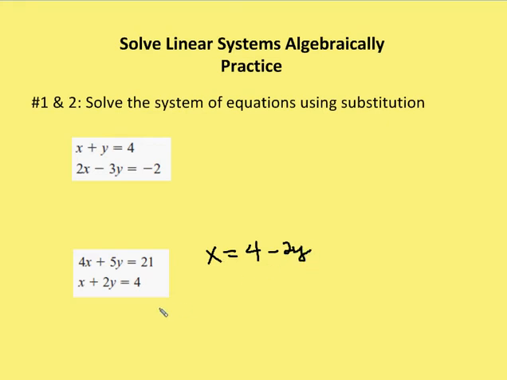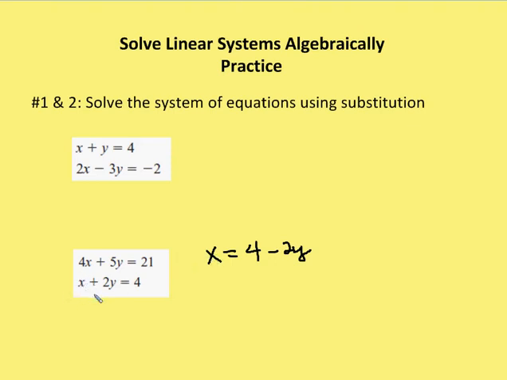Now after a while you kind of get an eye for which one is going to be easiest to manage. Either way, depending on how you solve the equation for whatever variable you choose and whatever equation you choose, it might be more or less difficult if you are working with fractions.